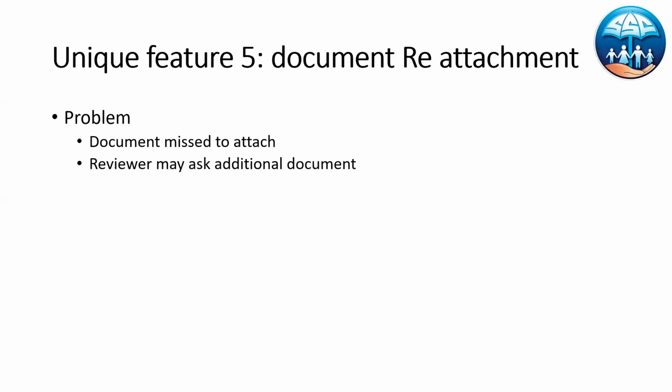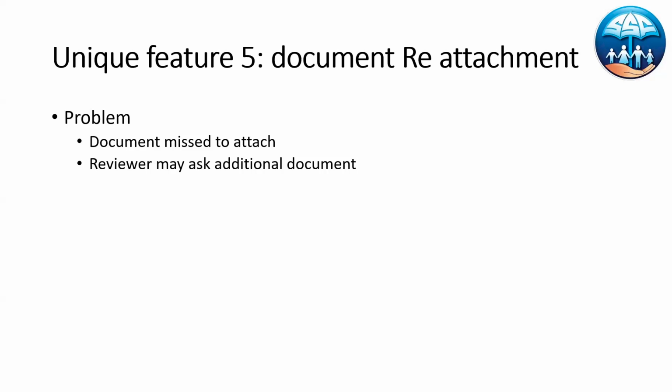Another thing is that because of some mistakes, sometimes the health facility provider may not submit a document they need to submit, or sometimes our claim review team may need to ask for some additional document while reviewing the claim.